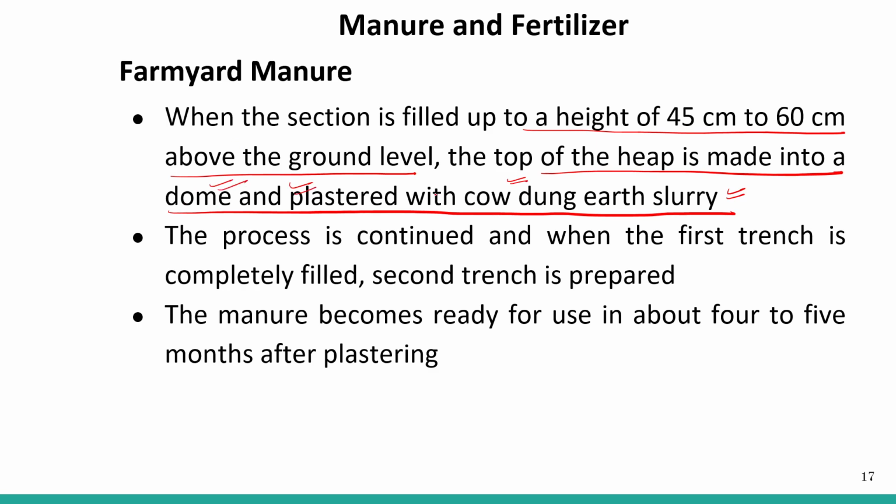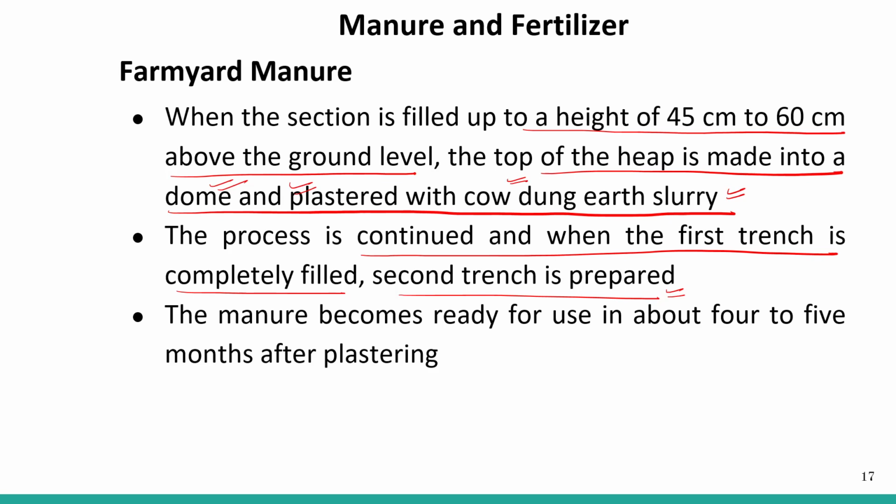This process is continued when the first trench is completely filled and the second trench is prepared. So once the first trench is filled, we make a dome shaped heap and plaster it with the cow dung earth slurry.